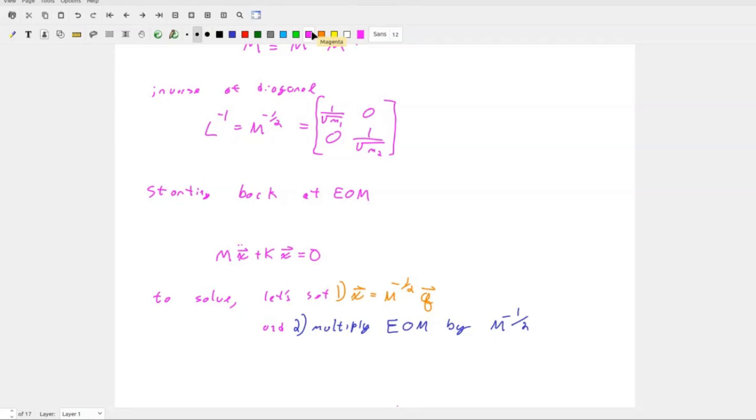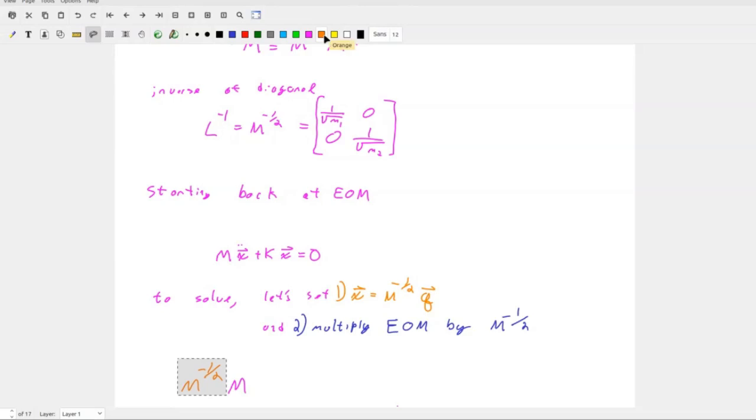So if I do both of those into my equation of motion, I am going to end up with m to the negative 1/2, m, which I had before, and then x bar is going to become... So that's from multiplying.